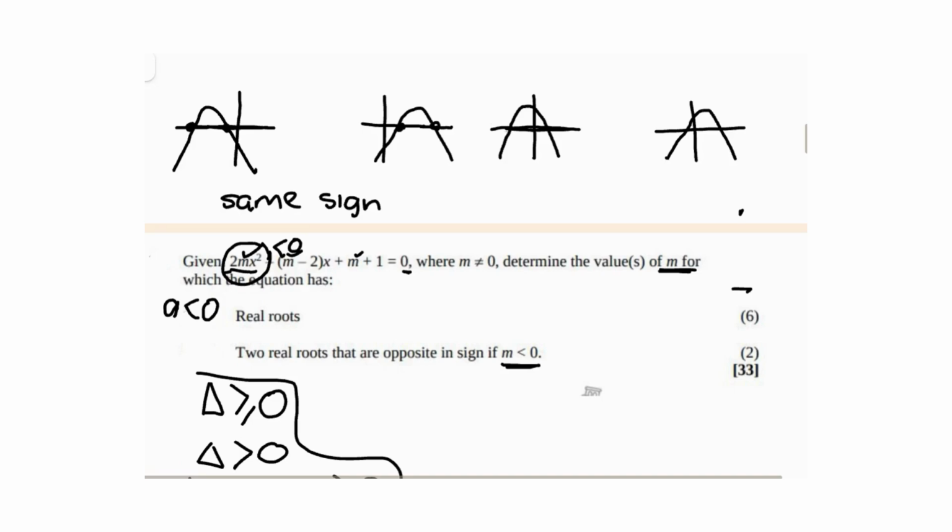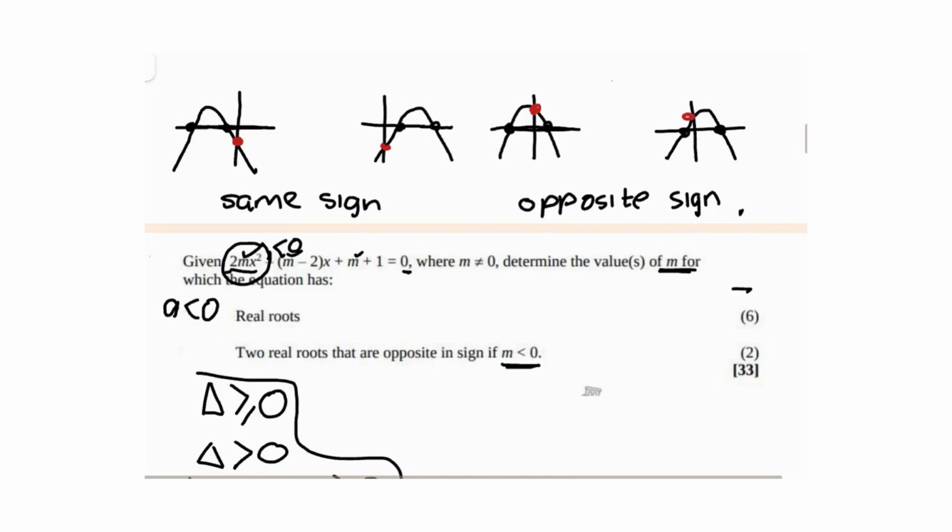So in both cases, one x-intercept is negative, the other one is positive. What has changed between same signs and opposite signs? Have a look at these 4 graphs. There's something that is slightly different. Can you spot it? Yes, definitely. The y-intercept there, it's below, it's on the negative y-axis. The y-intercept there, it's above the y-axis.